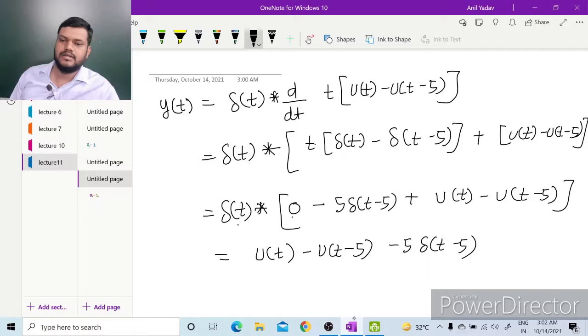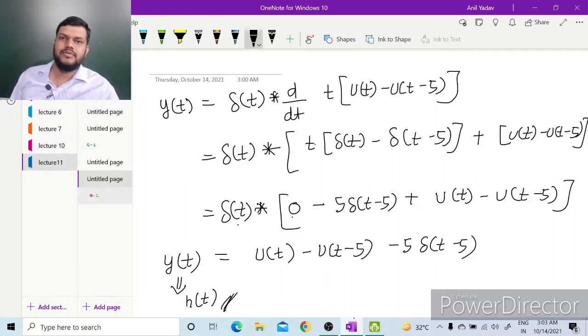So this will be our overall impulse response h(t), because here the input is given as δ(t), and when the input is impulse, whatever is the output is called the impulse response. So this is our overall impulse response.